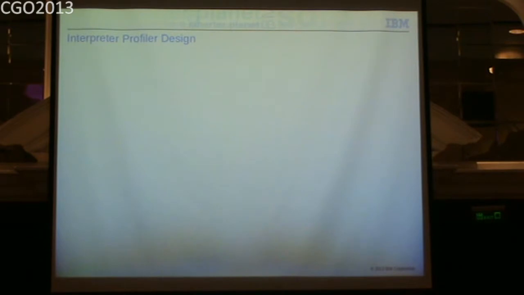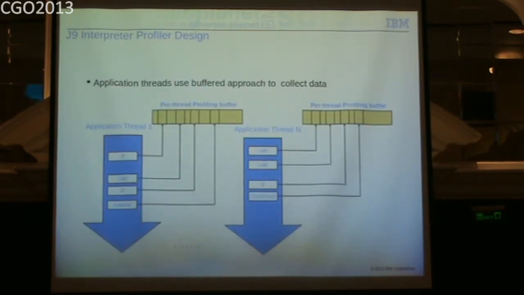But before I get there, I'm going to talk a little bit about our interpreter profiler design. J9 has a VM and a JIT compiler, so we separate the components. The VM is responsible for collecting the data, and it does this by entering the data into a profiling buffer.